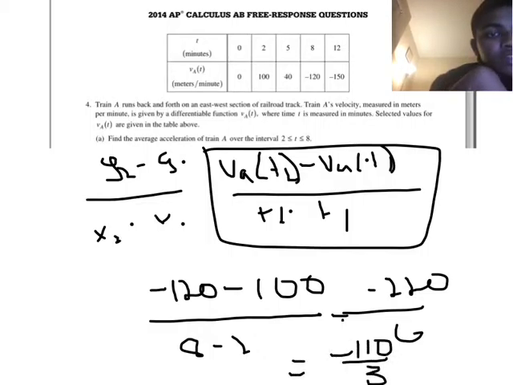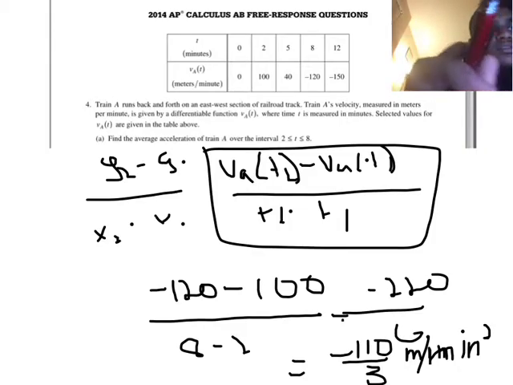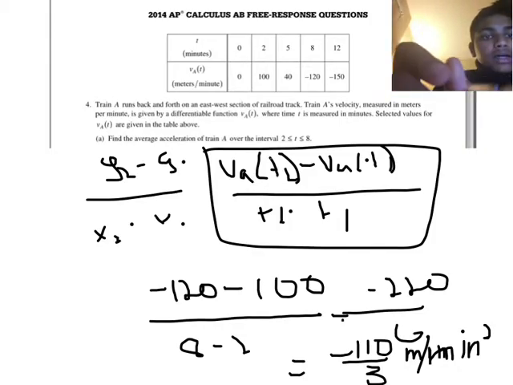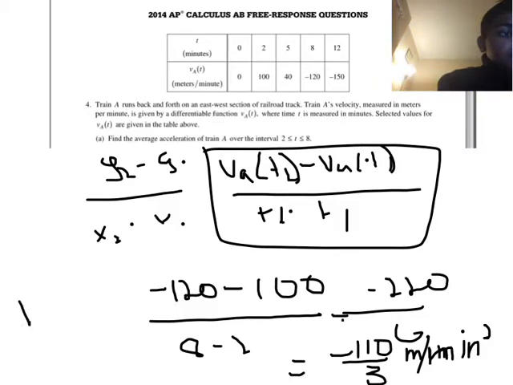And our units will be miles per minute squared. Minutes squared because it's basically minutes over minutes twice, so it becomes minutes squared. That's the answer to part A.